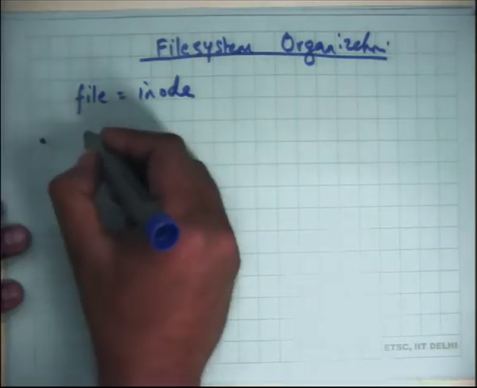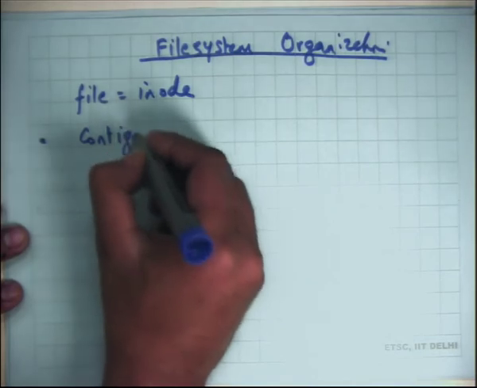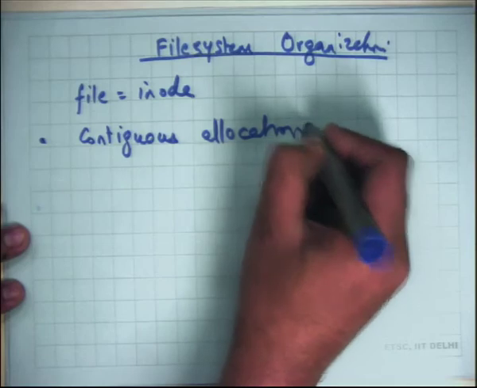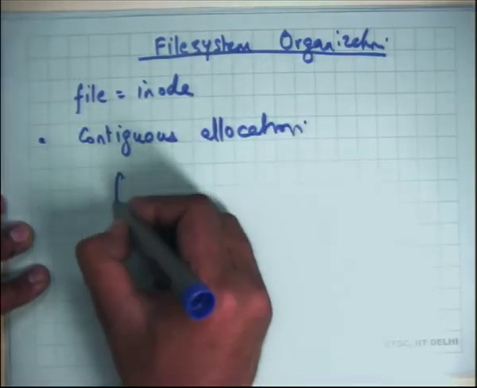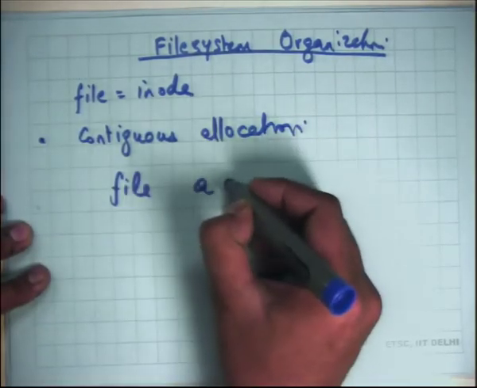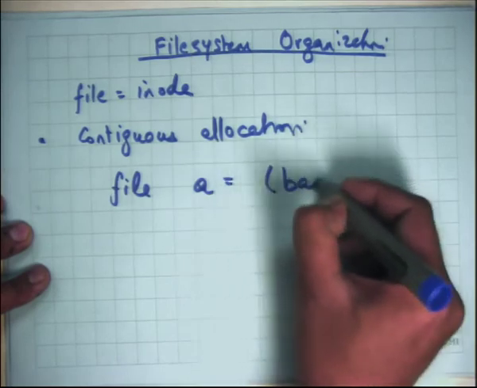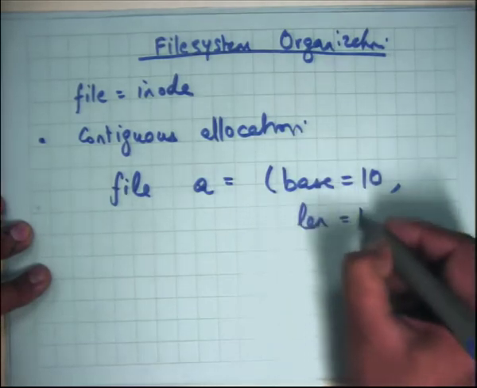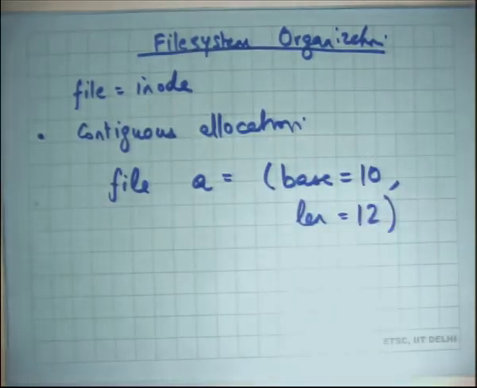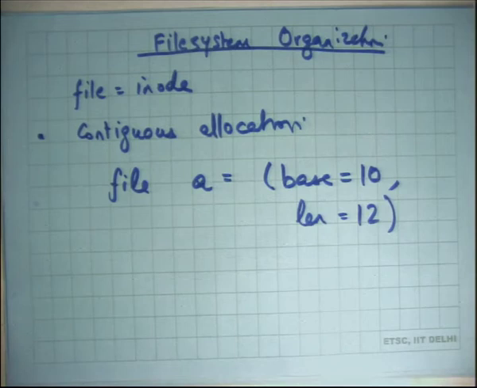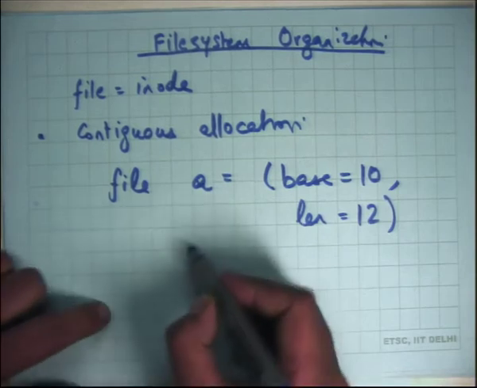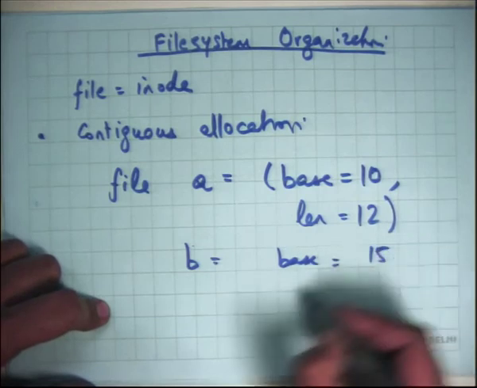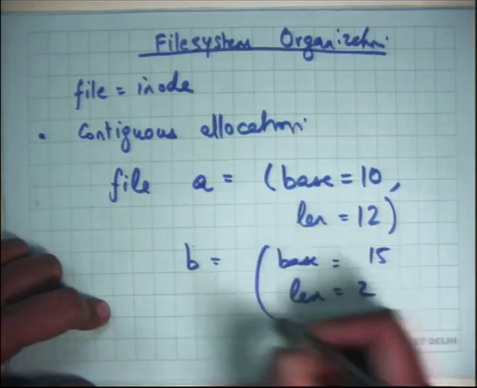So one option is what's called contiguous allocation, where file A is equal to some base, let's say base block is 10, and length 10. So here's a file which starts at base 10 and has 10 blocks. And similarly B has base equal to, let us say, 15 and length equal to 2 or whatever.